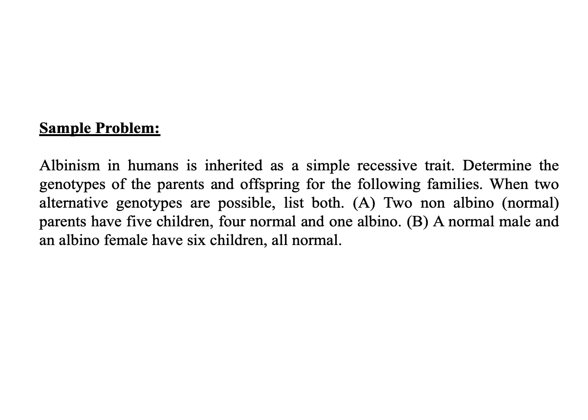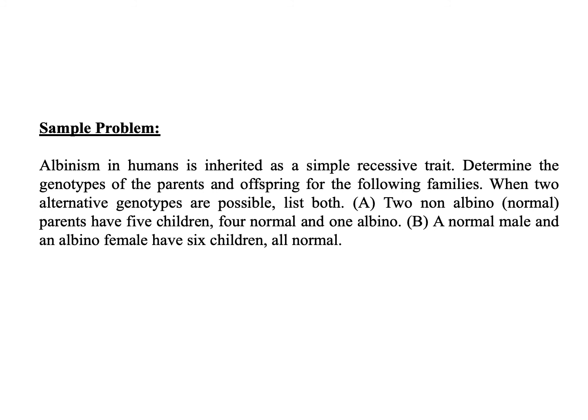Determine the genotypes of the parents and offspring for the following families. When two alternative genotypes are possible, list both. A, two non-albino or normal parents have 5 children, 4 normal and 1 albino. And B, a normal male and an albino female have 6 children, all normal.